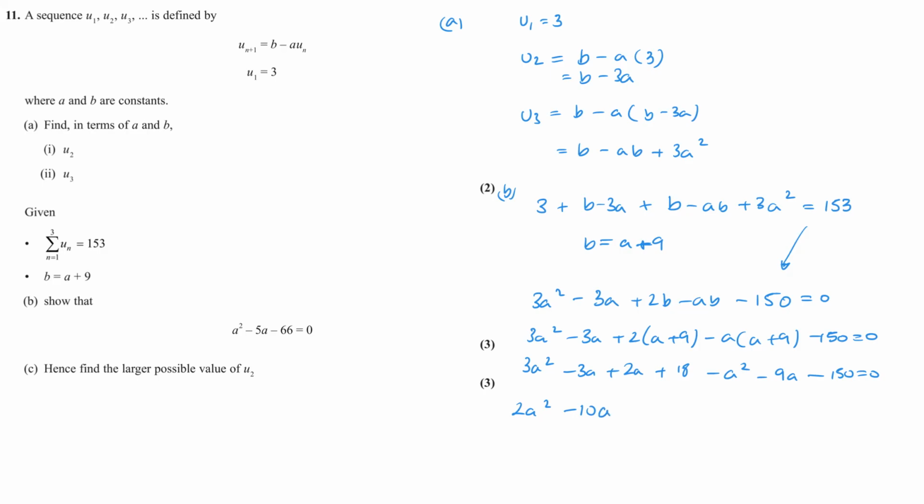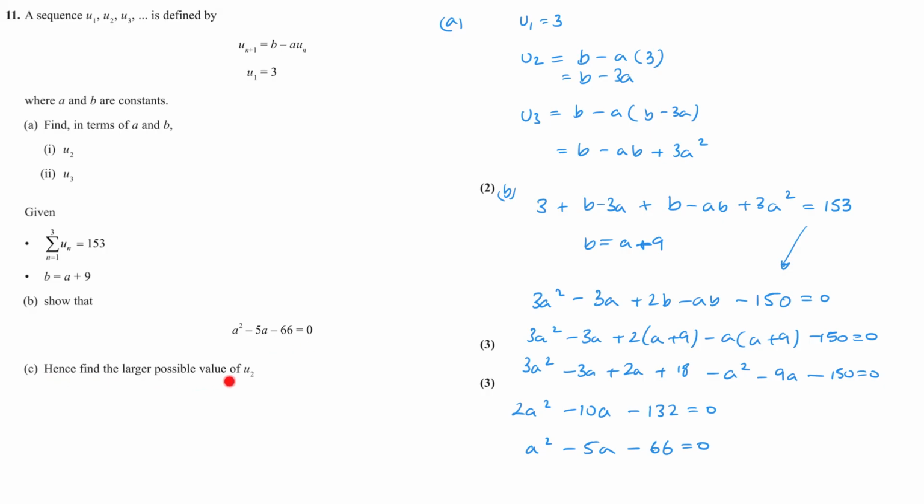And then minus 150 plus 18 is minus 132. And then we can divide by 2 and we get a squared minus 5a minus 66.